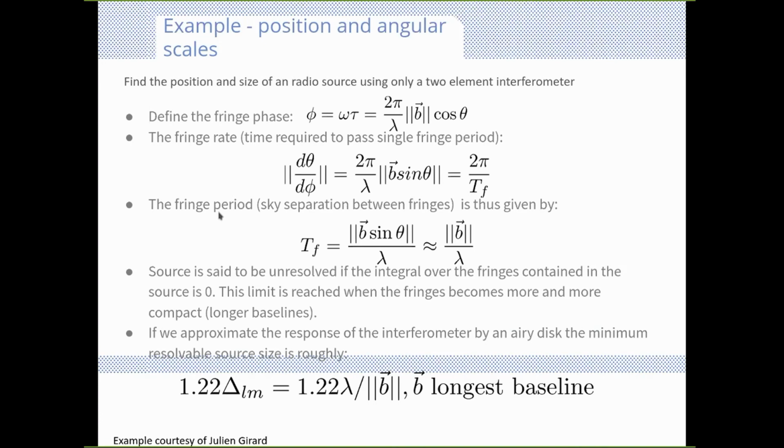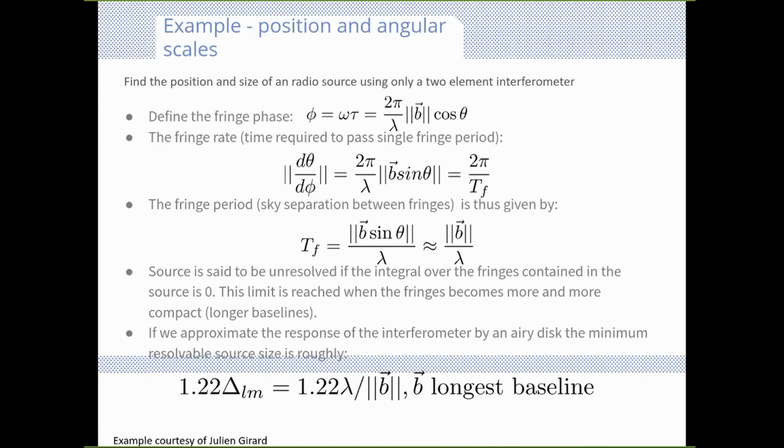As I said before, the fringe period is just given by the separation of peaks on this cosine fringe. So the fringe period is given roughly, for a small angle, by just the baseline vector over the observing wavelength. Those are the measured quantities that we're going to take to get positions.